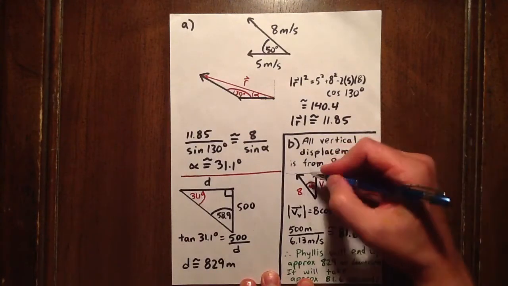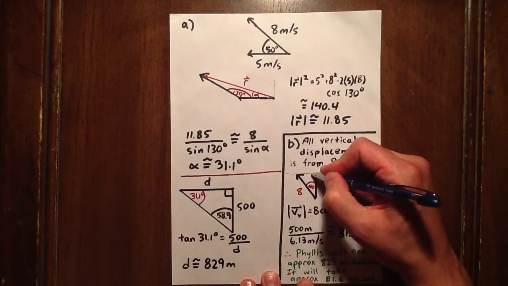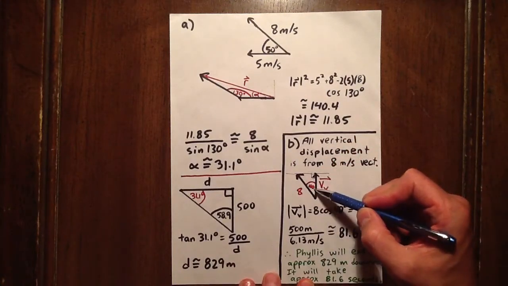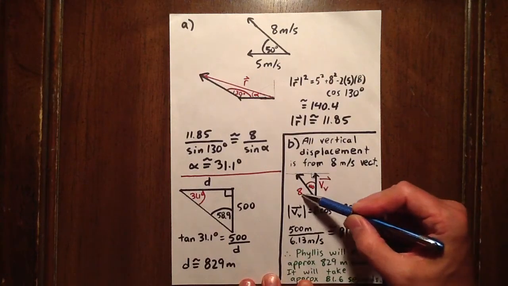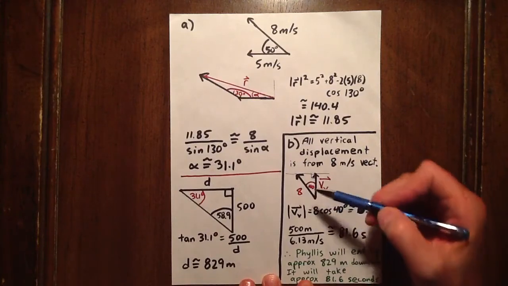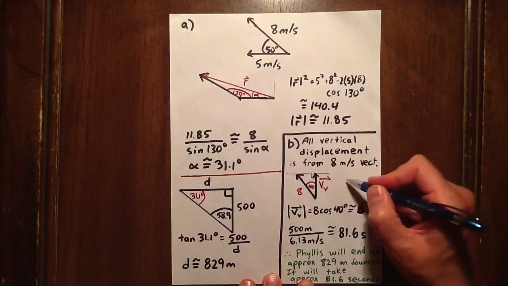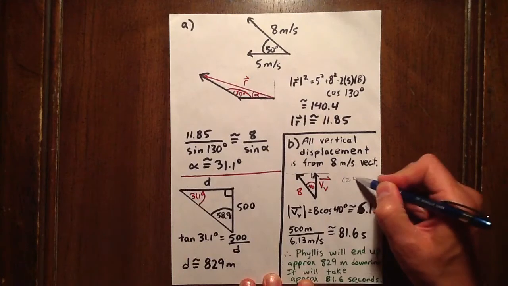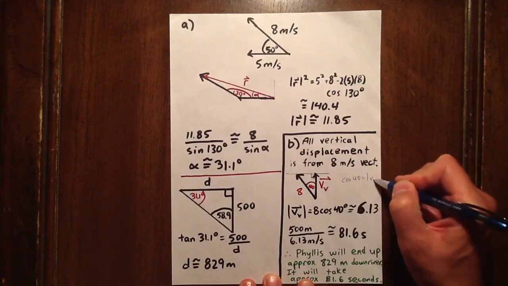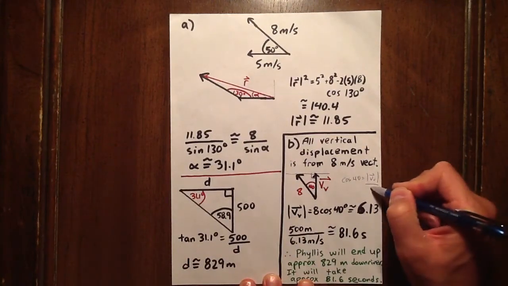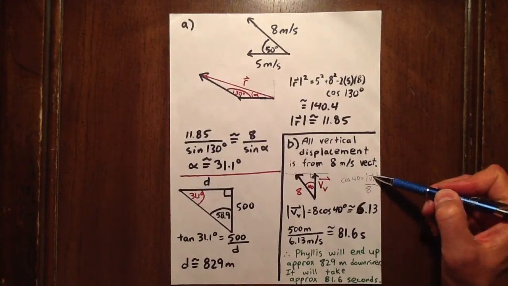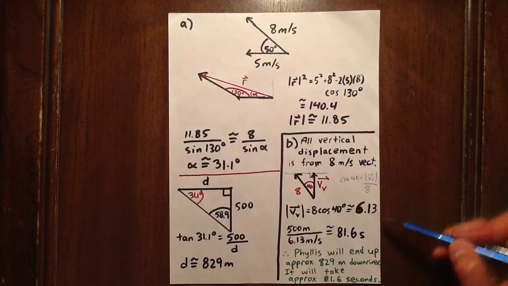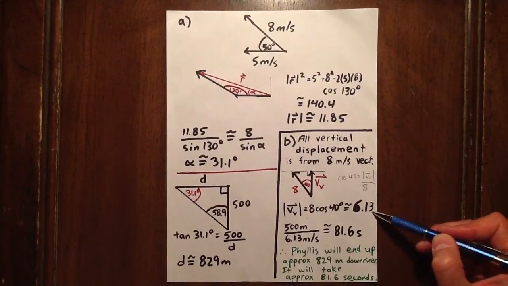Now, drawing a right angle here, I can say that cosine 40 is the vertical component of the velocity over 8. Or in other words, since cosine 40 is equal to the magnitude of the vertical component over 8, I can also say that the magnitude of the vertical component is 8 cos 40, which is approximately 6.13.